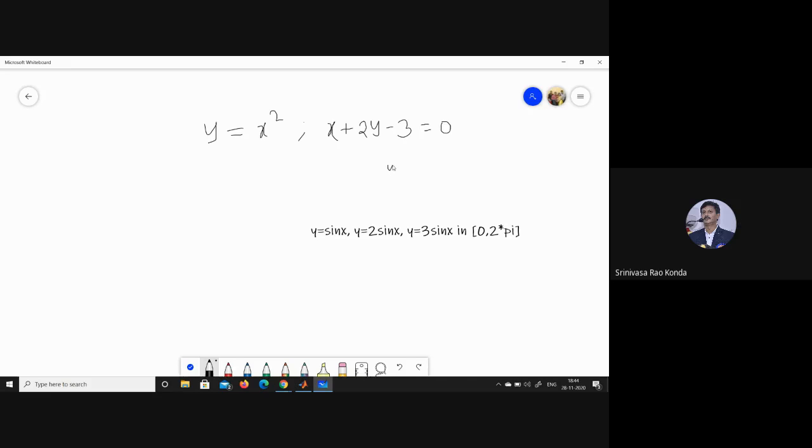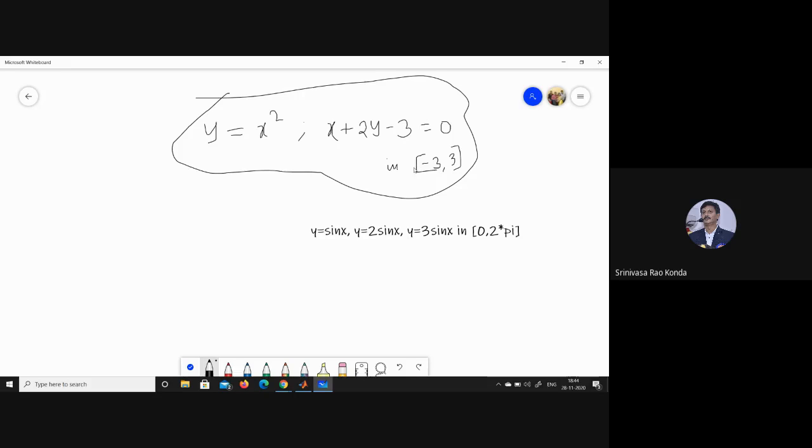Every time we take some interval, like minus 2 to plus 2 or minus 3 to plus 3, we are taking a positive interval. This I want to do.